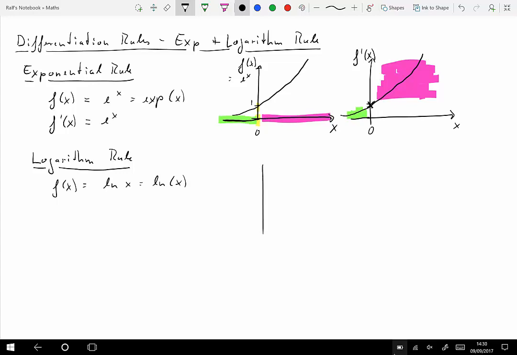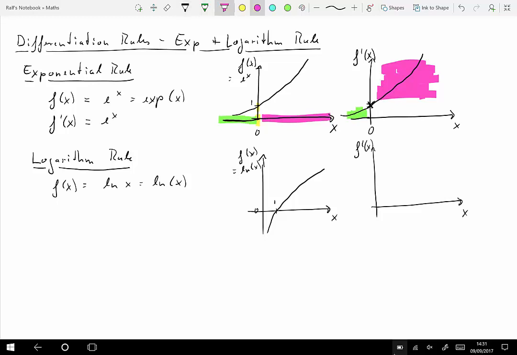So let's first graphically represent the logarithmic function again, because then we get some understanding of what the derivative function should look like. You may have to remind yourself, but I expect you to know how the logarithmic function looks. It's only defined for positive x's. At x equals 1, it has the value of 0. It's negative for smaller values and larger for values larger than x equals 1.